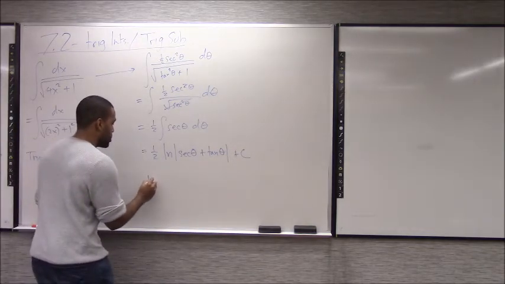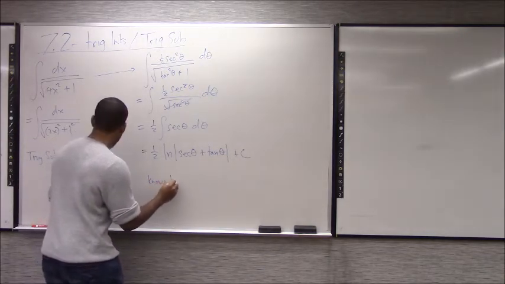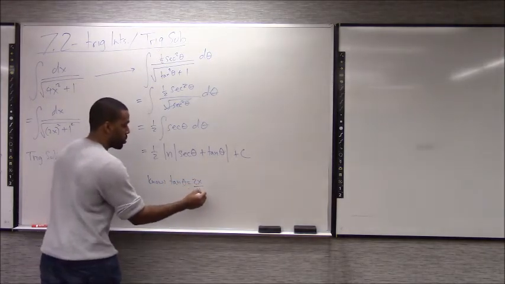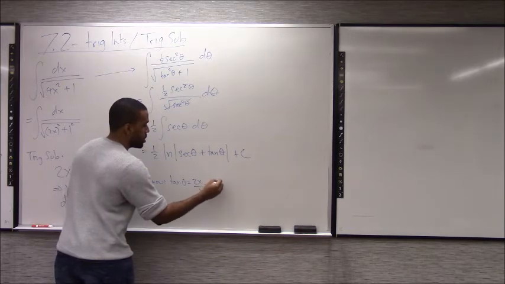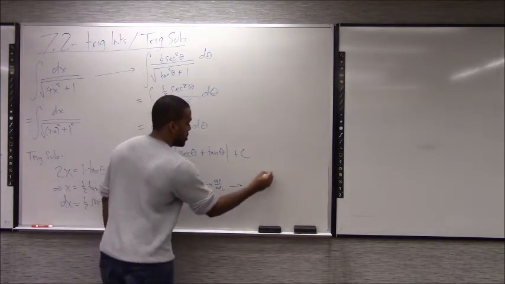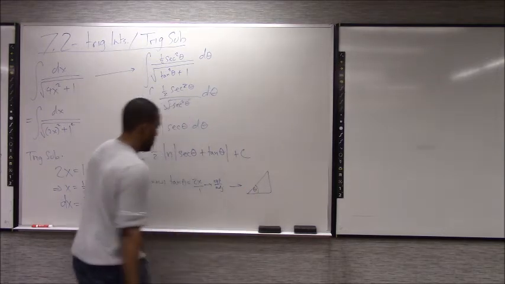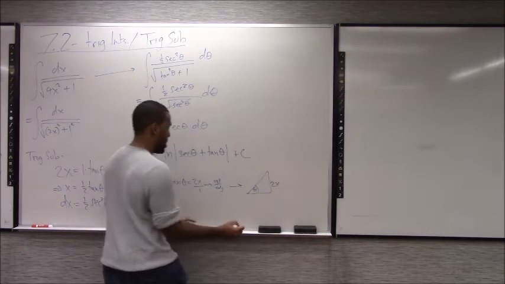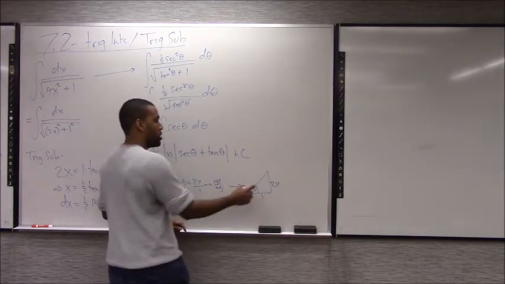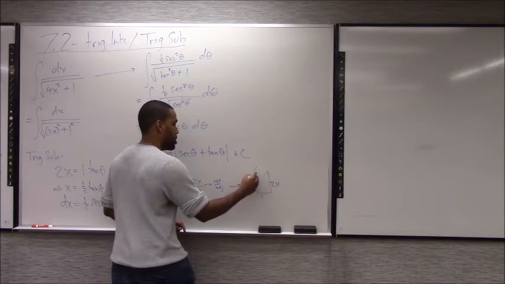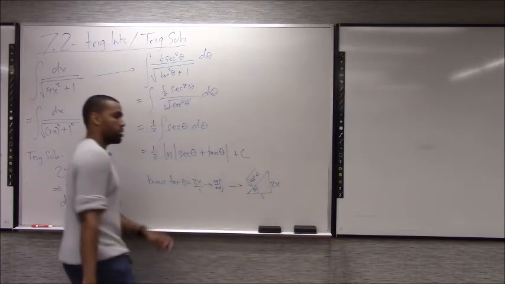So we know at this point that our tangent theta is equal to 2x. I would think of this as 2x over 1, so that's my opposite and my adjacent. So that leads me to this triangle. My opposite is 2x, my adjacent is 1, so the sum of those squares square rooted is the hypotenuse by Pythagoras' theorem.